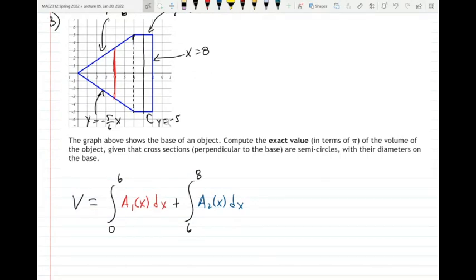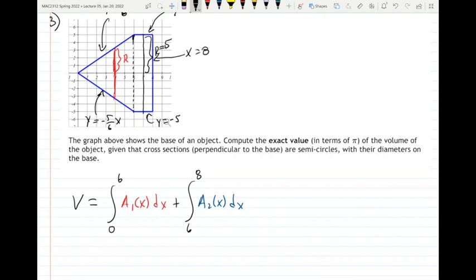Now we know that the cross sections are semicircles, so all we really need to know is the radius of those semicircles. In the first picture, the radius is given by this portion right here, right? And in the second picture, what's the radius here? It's equal to 5, right? It's always the same, so that one is easy. All right, so let's go here.